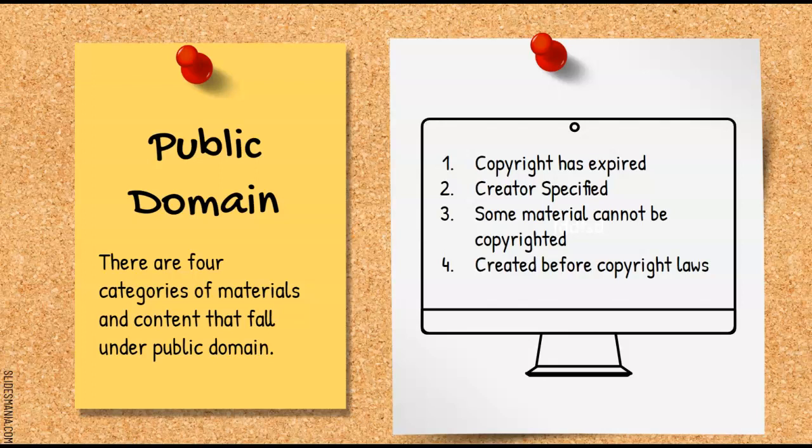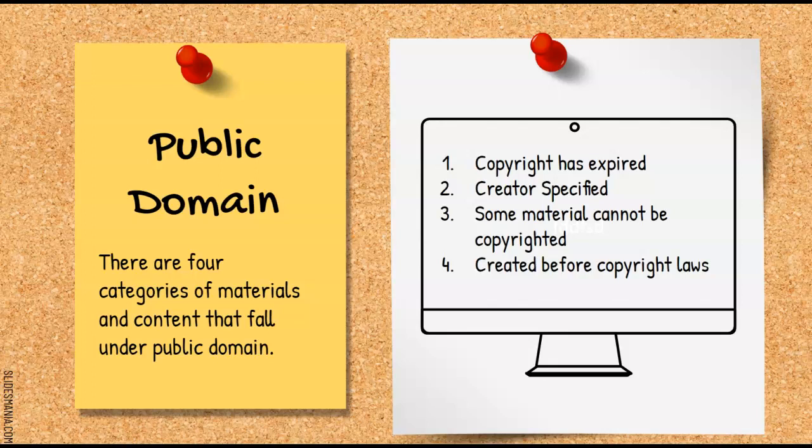2, the creator has specified that it will fall under public domain and forfeits their copyright protection. 3, some material cannot be protected by copyright laws, such as titles or small phrases. And the 4th being, it was created before copyright laws.